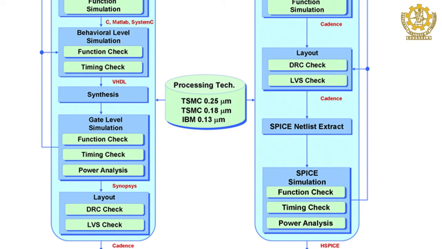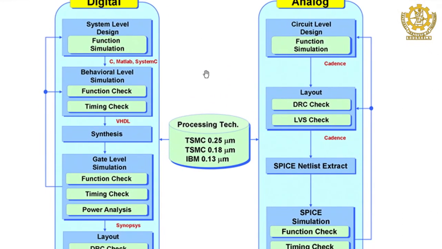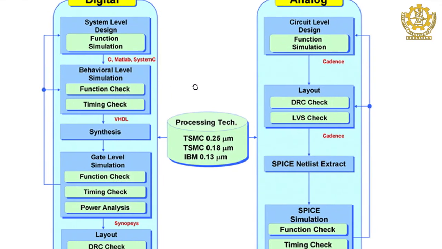That is why it is written here that you have to do a functionality check and you can do a timing check. There are actually two types of timing checks available, one called static timing check and another called dynamic timing check. When I am doing an AND gate simulation, A and B are inputs and Y is an output. I can give A as 1, B as 1, and observe the value of Y. It will obviously be 1.